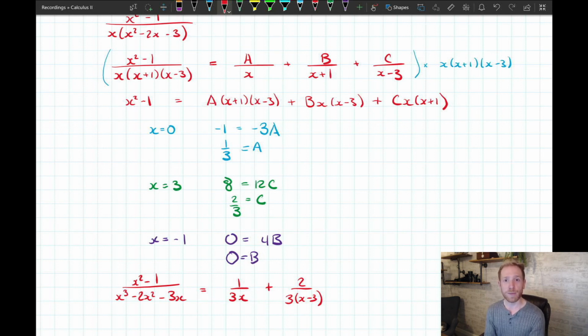It's going to make the most sense since, in this particular circumstance, I'm simply choosing convenient values of x, and that's not always going to be applicable, especially if you have quadratics. You're not going to necessarily be able to find nice values of x that make most of the terms 0. So it might be good to know both ways. So that's the method of partial fraction decomposition.